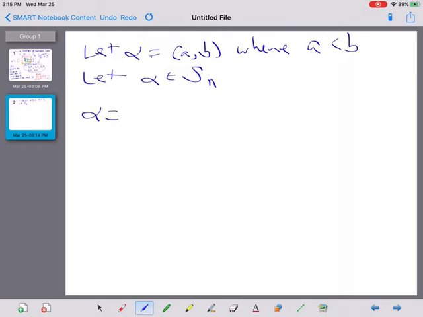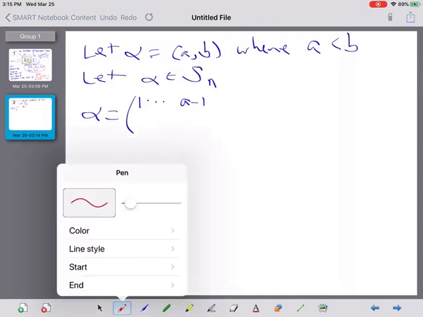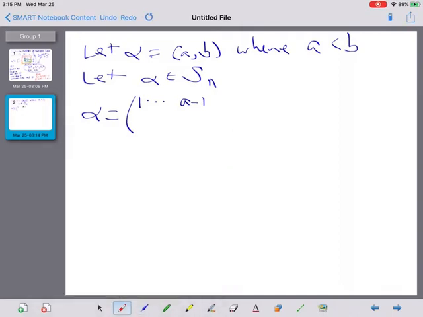It is still going to start with 1, and go all the way up to A minus 1, and then we're going to have A, and then A plus 1, all the way up to B minus 1, and then we're going to have B, and then B plus 1, and it continues all the way up until we get to n.